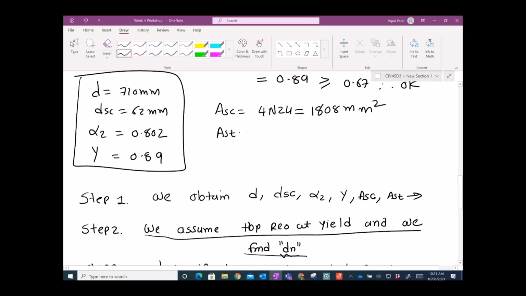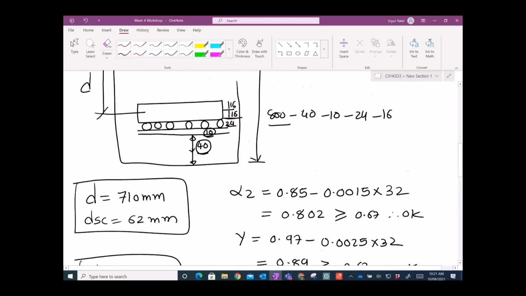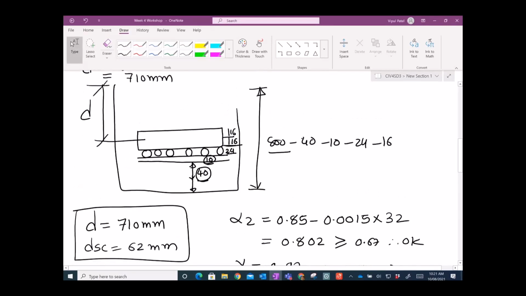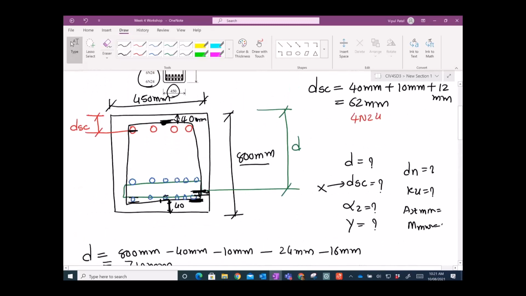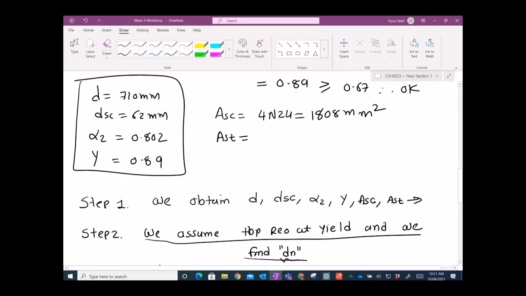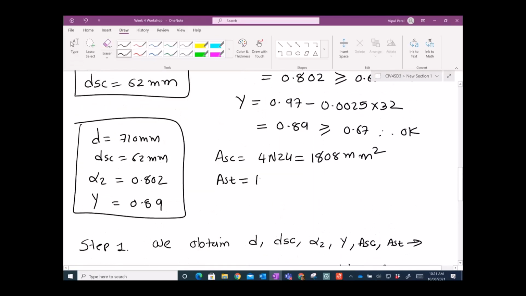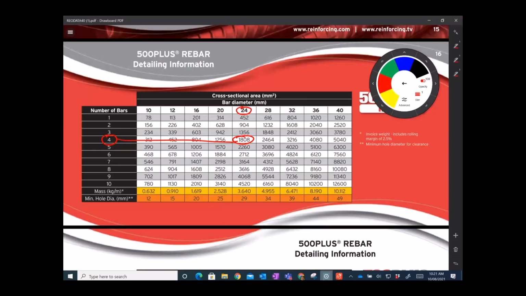And AST equal to how many bars you got? AST, you got 12 bars, I believe. 6 bottom, 12 bars total, 12 and 24. We don't have 12 here, so that's okay.